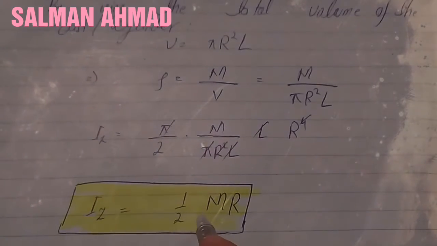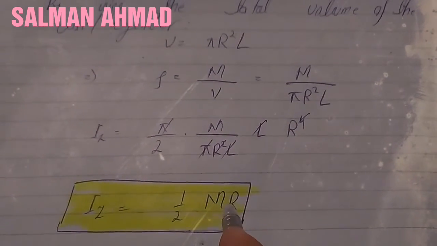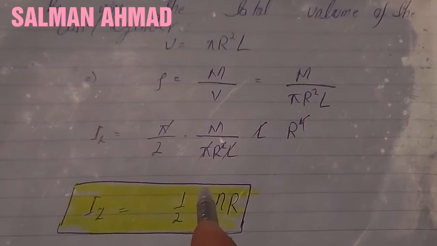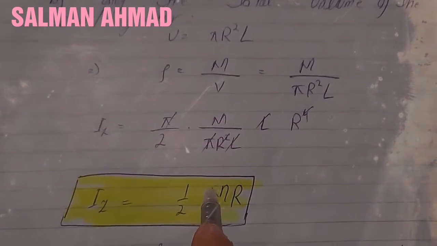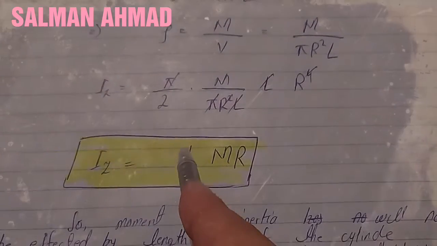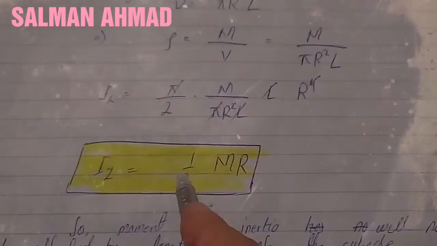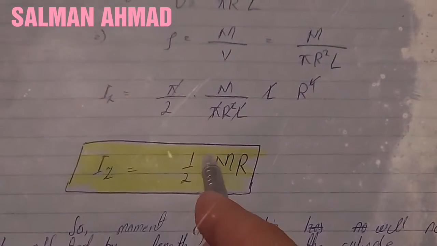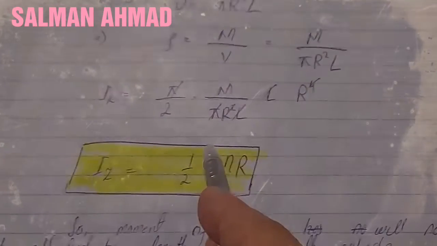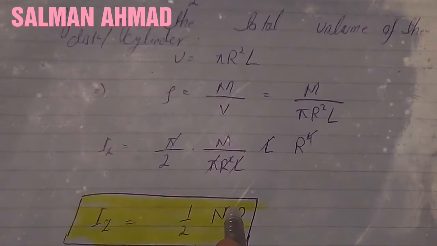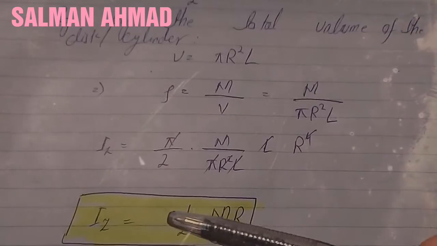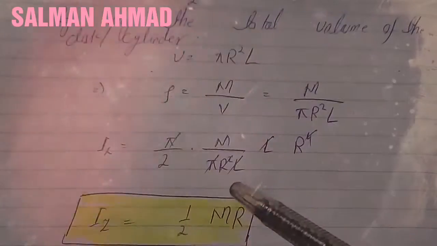Iz is equal to half mr, which is the moment of inertia of the uniform disk or uniform solid cylinder. So the moment of inertia of any solid cylinder or any object is not affected by the length.